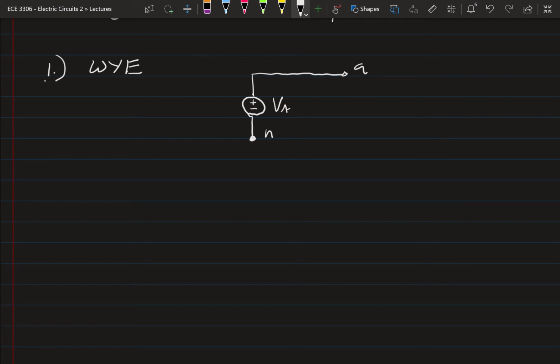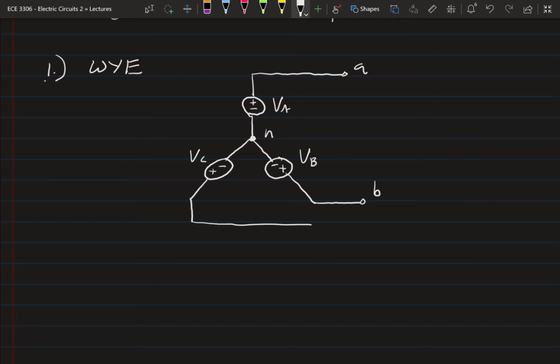Then we'll have another voltage source. Notice that we're going from negative to positive as we move away from the neutral node. That'll be our VB. And our third and final source, I'm really terrible at drawing, that'll be our VC, and that will connect to our C node.